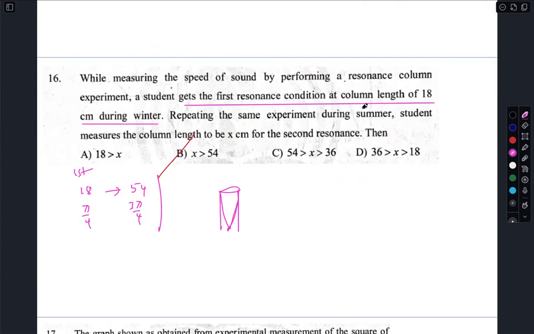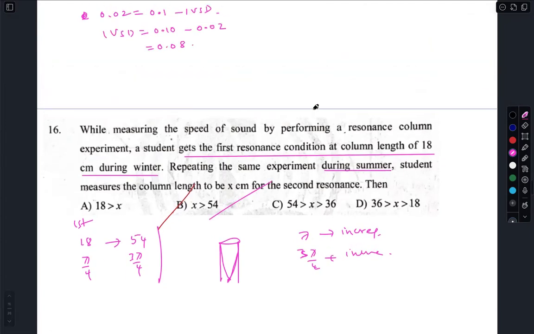Yes. No, when did he do the experiment? During summer, he is repeating. When compared to winter, in summer, lambda increases. So 3 lambda by 4 also increases. So it will be more than 54. Right.